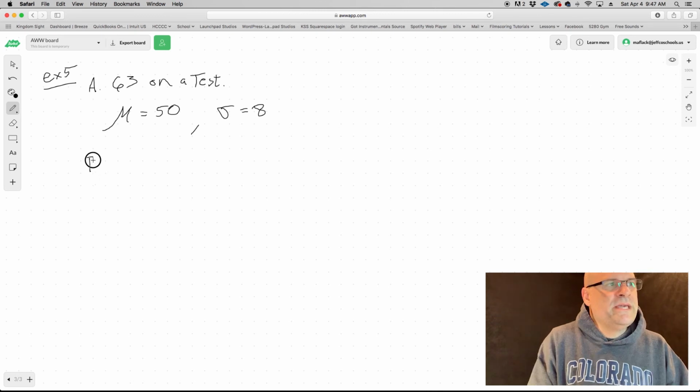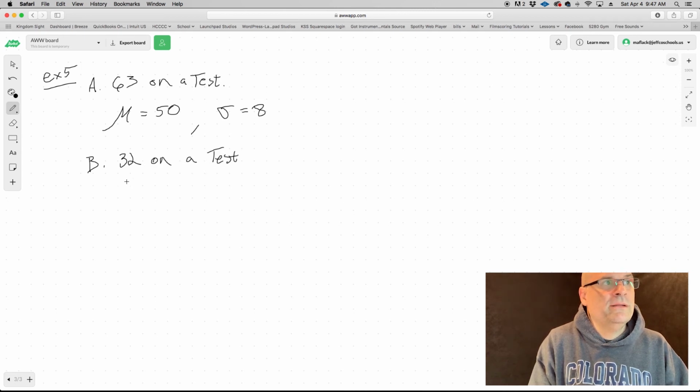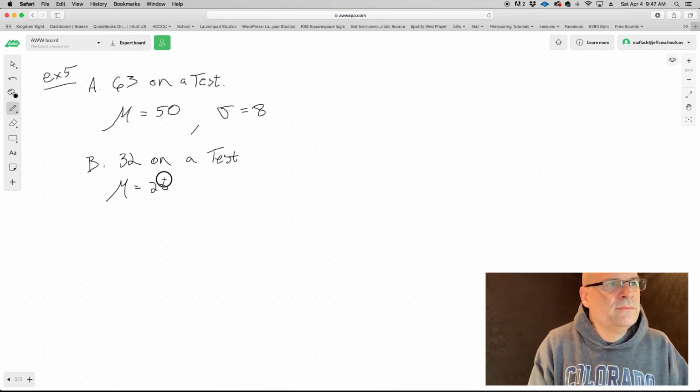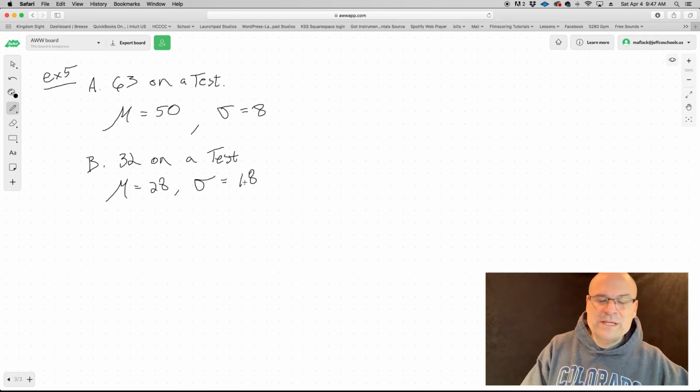Okay, student B received a 32 on a test, different test, because that would have been bad. And this mean is 28 with a standard deviation of 1.8. So the question asks which student scored better in comparison with their class, okay?